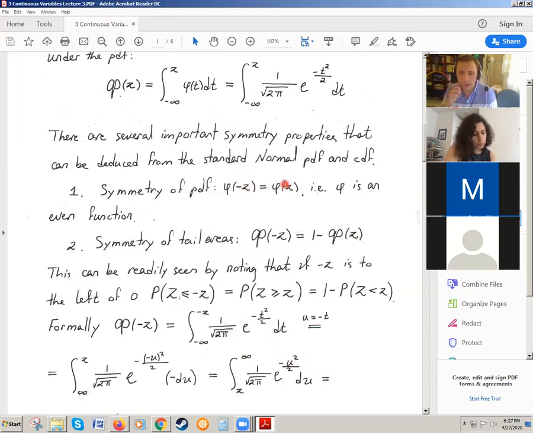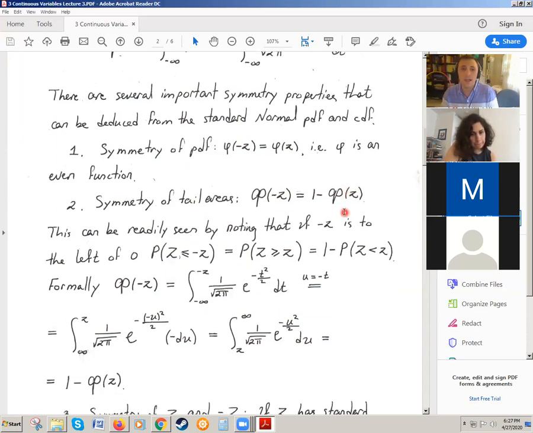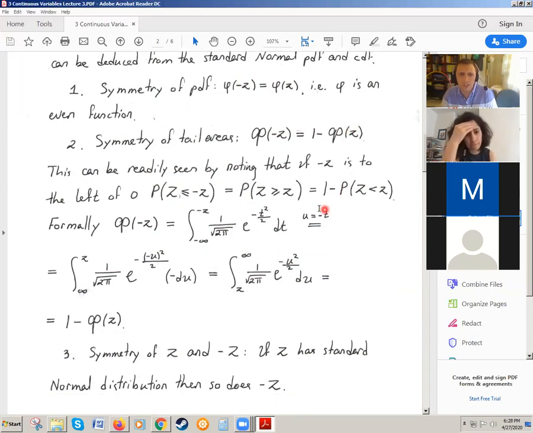And then we have symmetry of tail areas. In other words, the cumulative distribution at minus z is always equal to 1 minus the cumulative distribution at z. You might observe it, because think about it. What if z is a positive number, and minus z is to the left of 0? Then this quantity is the probability that Z is less than or equal to minus z.